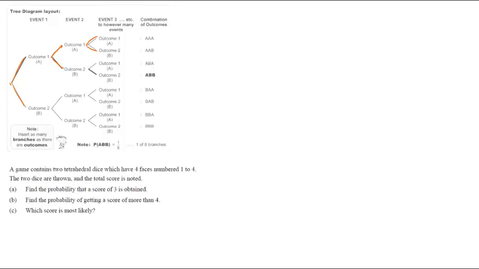Now, at the end, we have a combination of our outcomes in which we follow the tree branches to see what the chances are. So we're looking at the highlighted one, ABB. It means first you had outcome A, then you had outcome B, and then you had outcome B. That was the order in which it happened. Please, again, take note that ABB is not the same as BBA, because the order in which it happened is not the same.